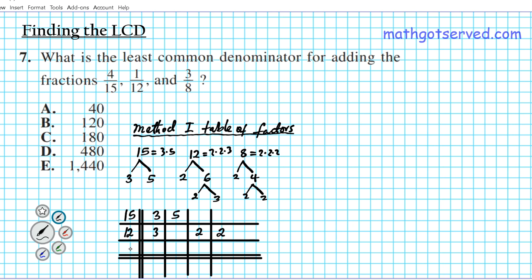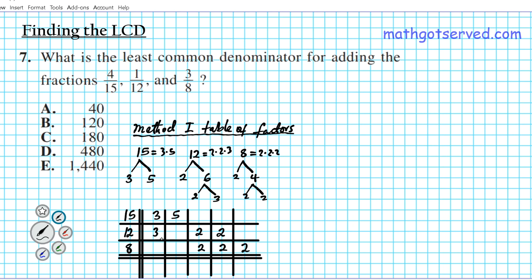All right, and then for 8, the decomposition of 8 is 2 times 2 times 2, so we put a 2 here, times a 2, and we need one more 2. The first two columns have already been taken by 3 and 5, so we just place it right here. Bam. Okay.